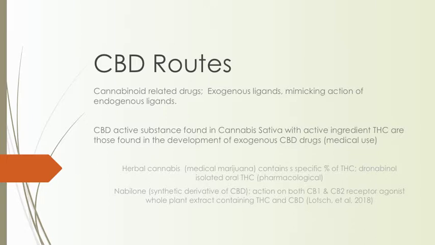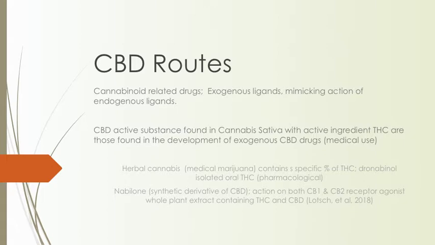So one of the drugs that is well known is dronabinol, isolated oral THC. It's a pharmacological agent. It is used in chemo-induced nausea and vomiting, and also used in wasting syndromes such as in HIV and AIDS.